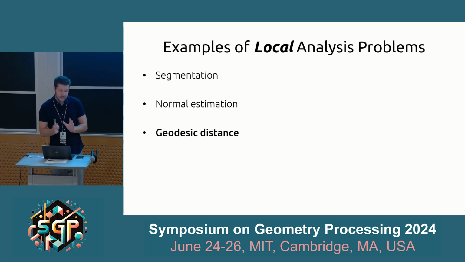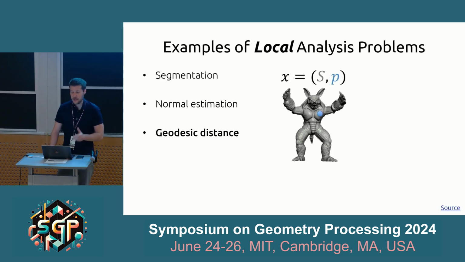Now some more interesting, slightly exotic things you can do. You can actually frame problems like geodesic distance calculation in this framework. In this case, we're going to extend our input a little bit. Our x is going to be a shape and a point on that shape. Here I've illustrated that point with this little blue dot on the chest of this armadillo model.